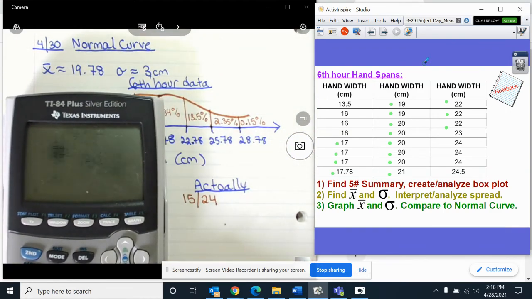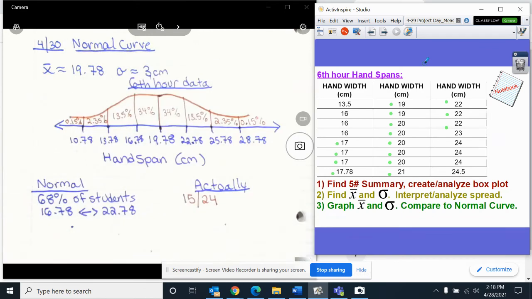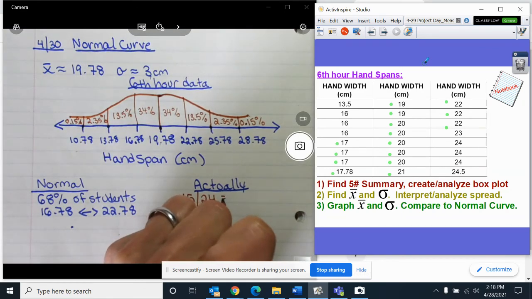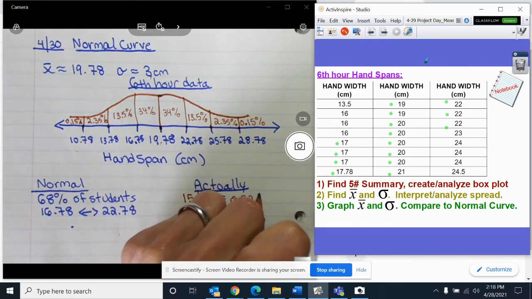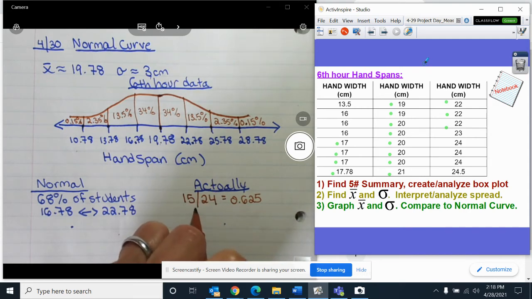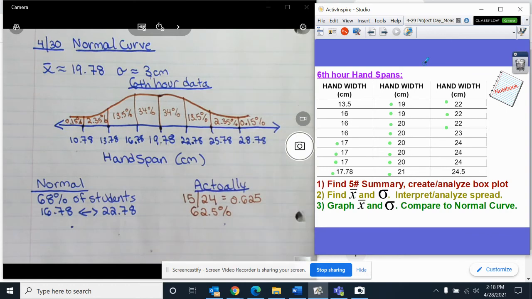And when we look at that percentage, 15 divided by 24, we get 0.625. So in all actuality, 62.5% of our students fall in that range. So we're not completely normal, but very close, very close.